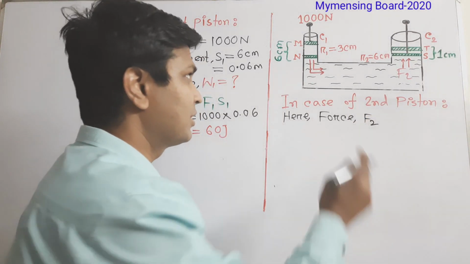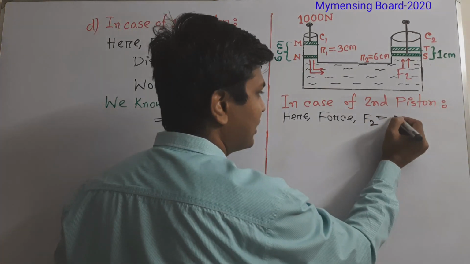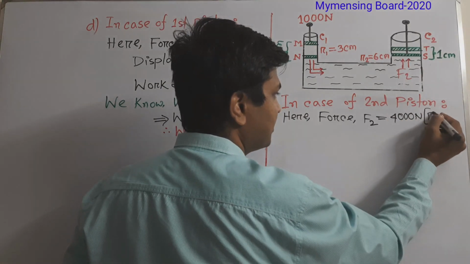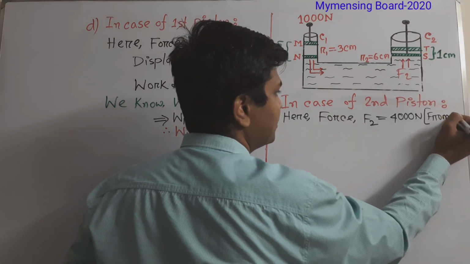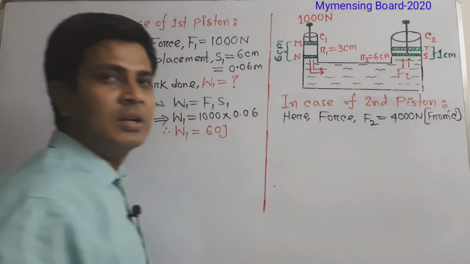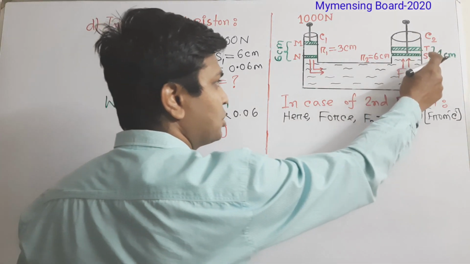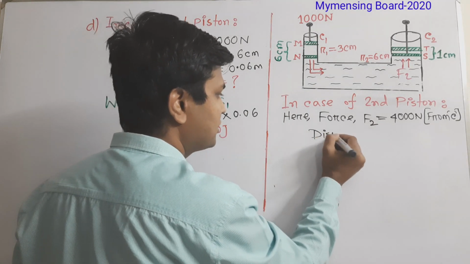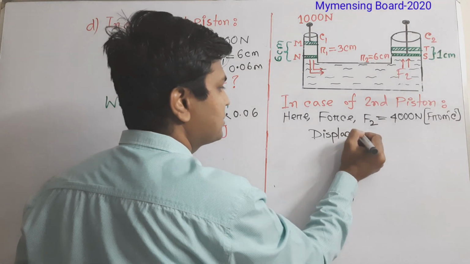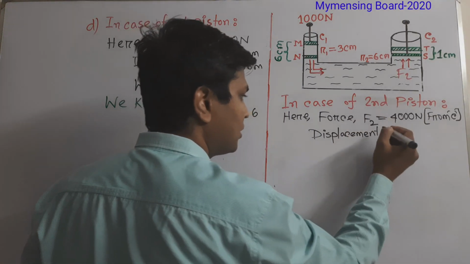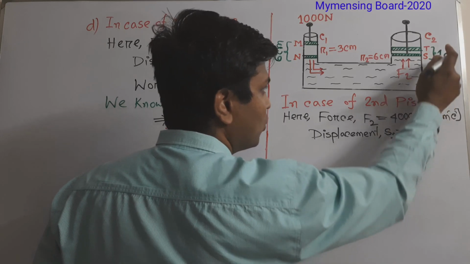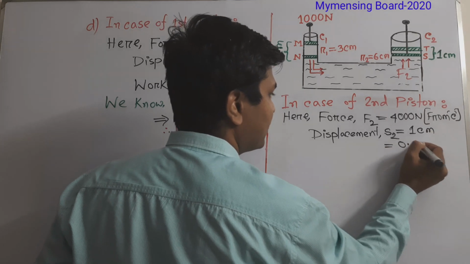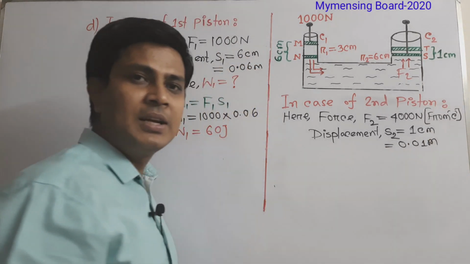This is experienced from the first piston, and we have already calculated the value, 4000 Newton, and we got it from C. So we can write here from C, and the piston displaced 1 centimeter. So we can write displacement S2 equals 1 centimeter. 1 centimeter equals 0.01 meter.